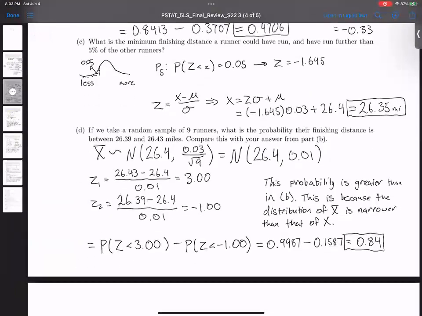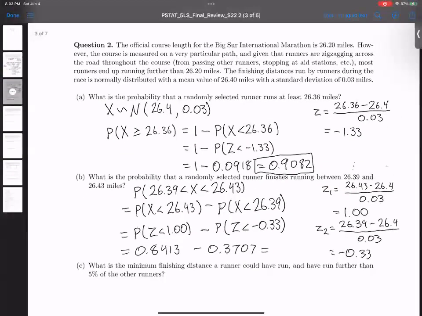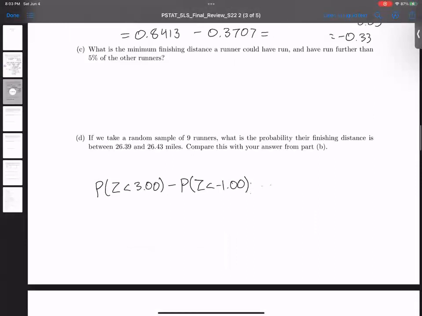So the probability that z is less than 3 minus the probability that z is less than negative 1 is just equal to 0.84. So you can see those numbers right there. So this ends up being equal to 0.84.